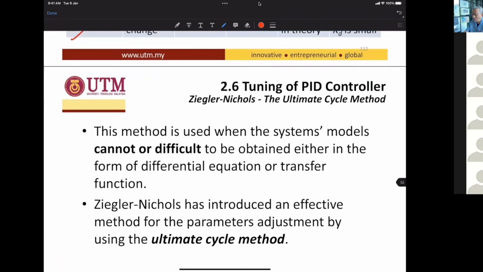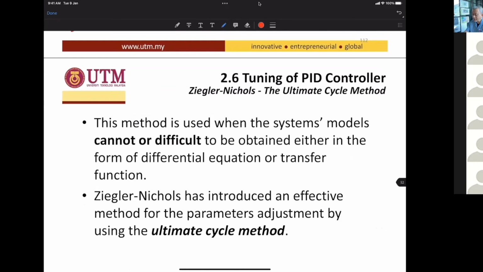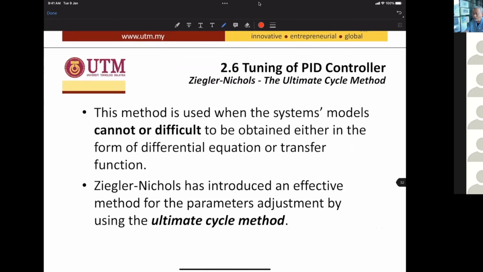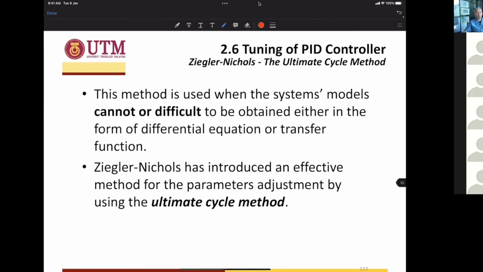That's why it is difficult to obtain either in the form of differential equation or transfer functions. So we have to use the Ziegler-Nichols method, which introduces an effective method for the parameters adjustment by the ultimate cycle method.